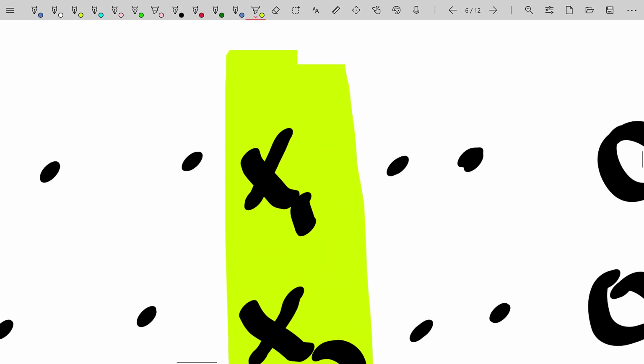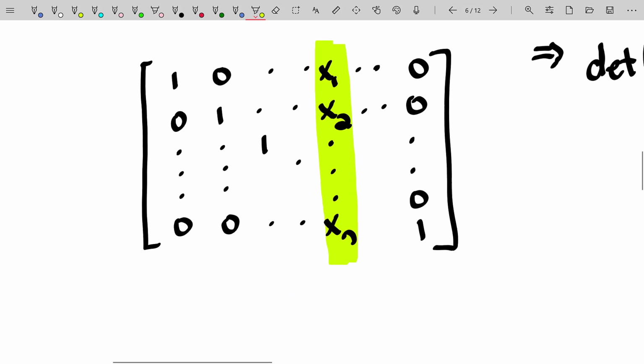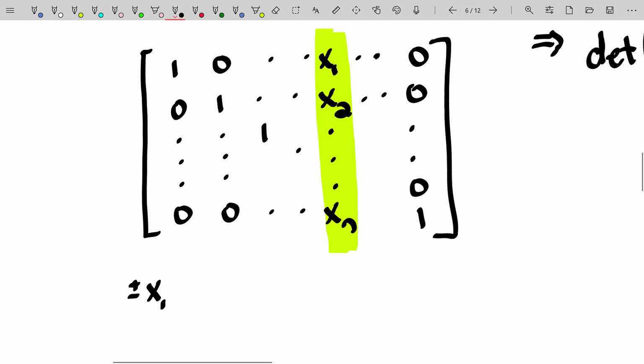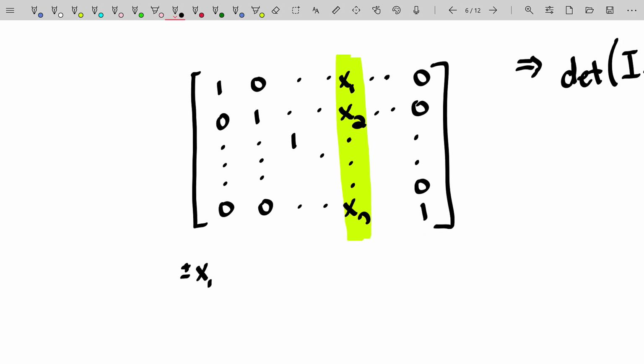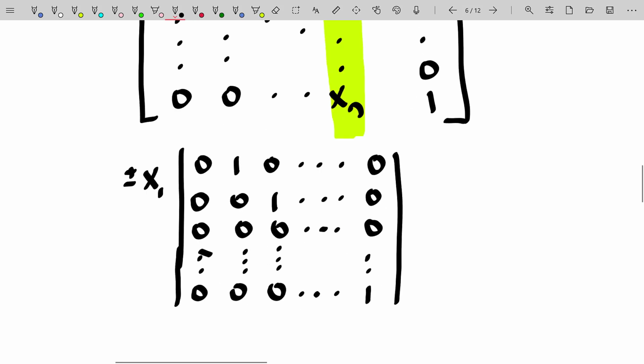I don't really care about the plus or minus signs here. I just want to showcase something very neat. If I expand about that ith column, I'll have some plus or minus x sub 1 times the determinant of what's left over after you remove that column and that row. Pretend as though I removed that column. You have a bunch of zeros and ones along the main diagonal. When you look at the resulting matrix, you get this.